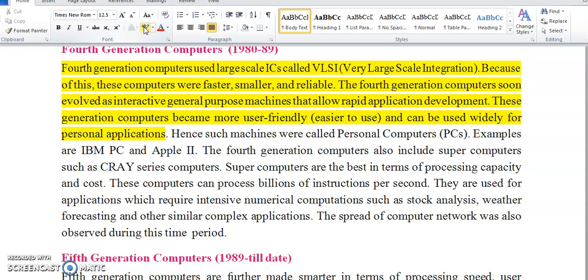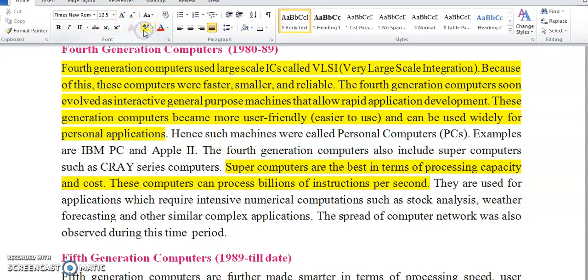The fourth generation also includes supercomputers such as the Cray series. Supercomputers are the best in terms of processing capacity and cost. These computers can process billions of instructions per second. That's why it's a supercomputer.